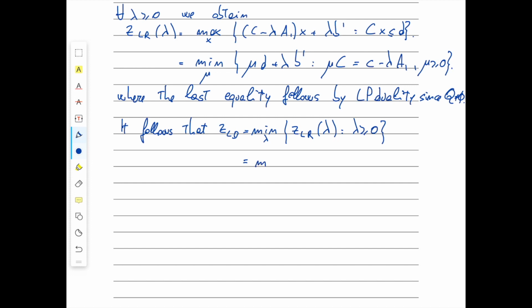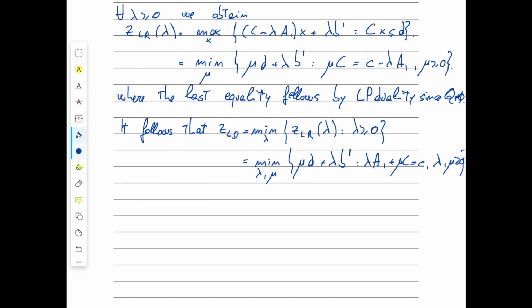So now it is the minimum over lambda and mu of mu d plus lambda b1 such that lambda a1 plus mu c equals c, lambda, mu greater than or equal to 0.